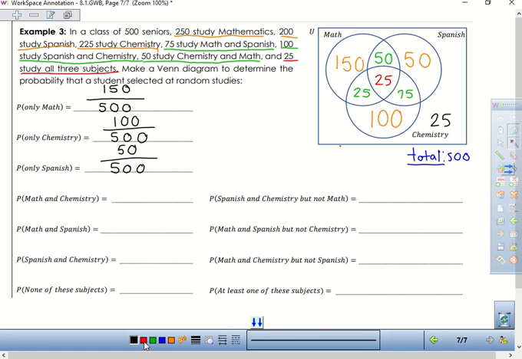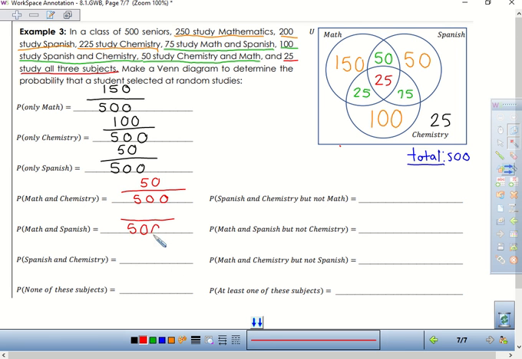Here's one that throws people off, so be careful. Think carefully. How many students study math and chemistry? 50. Students that study math and chemistry are the students in this whole overlap, so you have to add those 2 together.